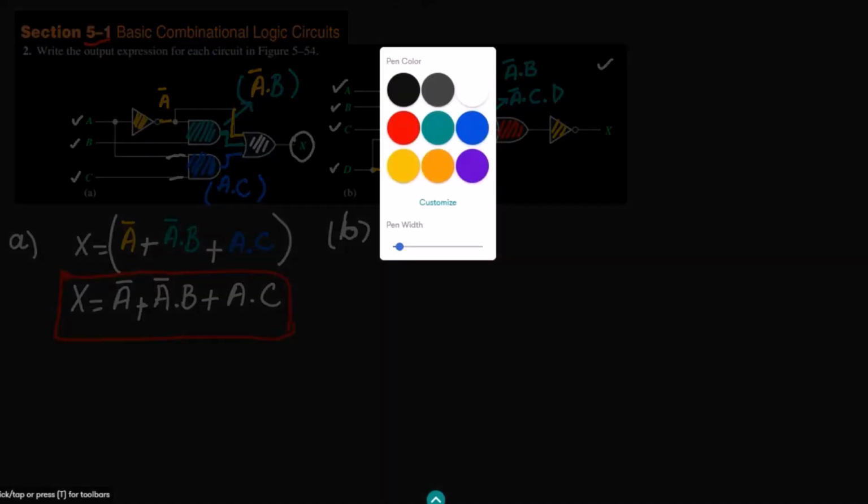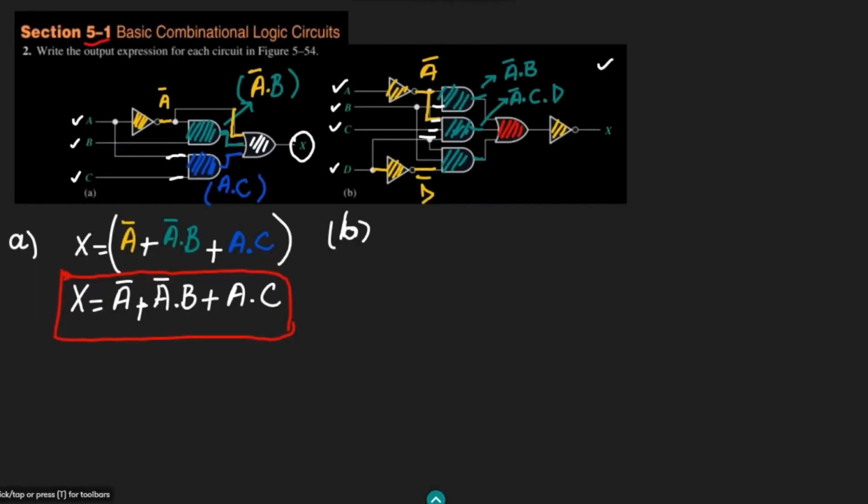And similarly, to this third gate we have this input, and this is D. Similarly here we have this B, and here D complement as well.